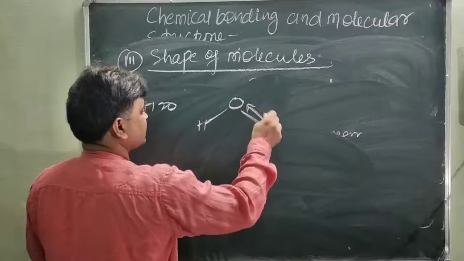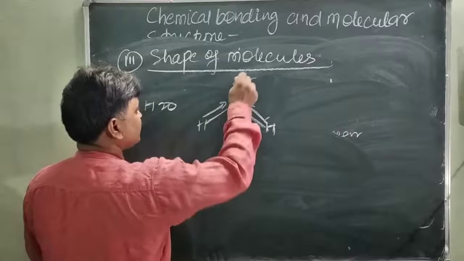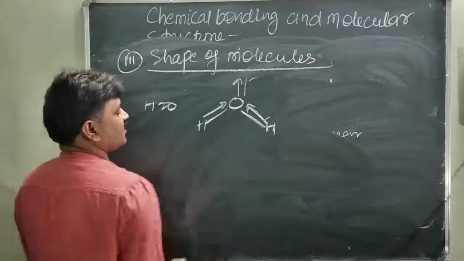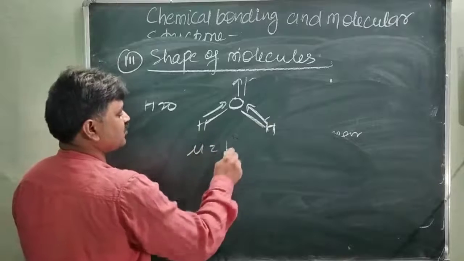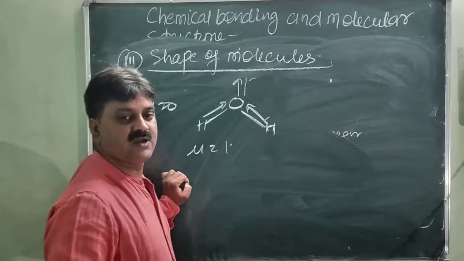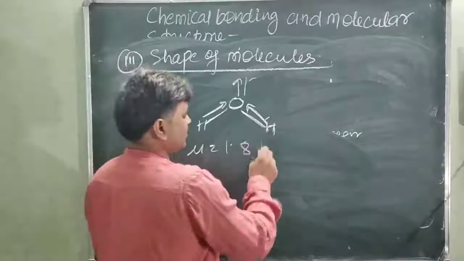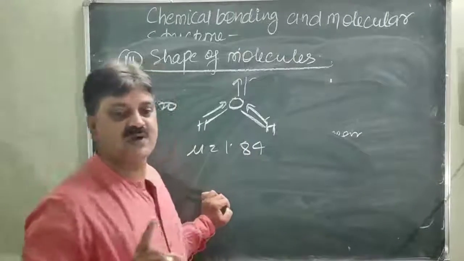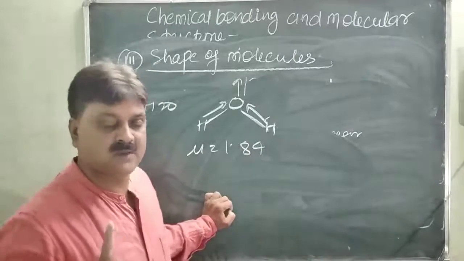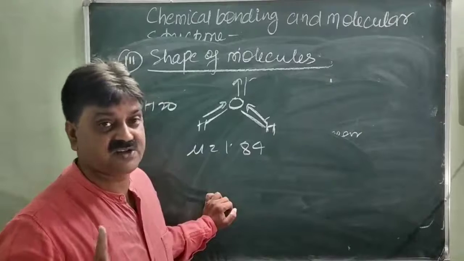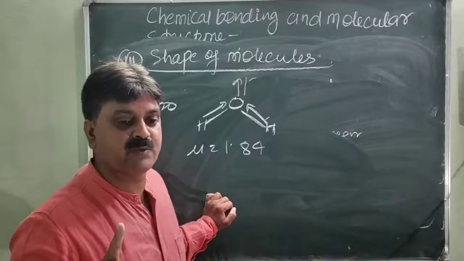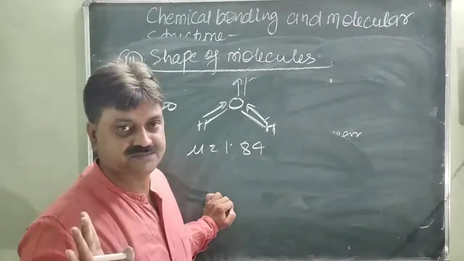This electron moves this side, this electron this side. So here dipole moment mu is equal to 1.84 D. So the shape of this molecule is not linear, because linear shape is found in the case of dipole moment equal to 0.